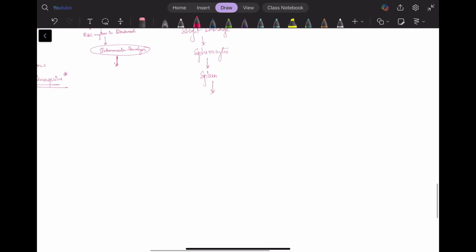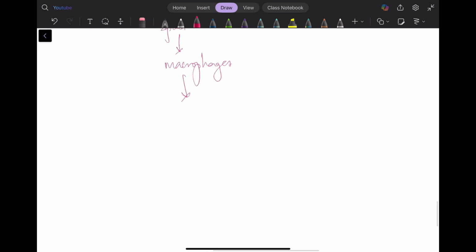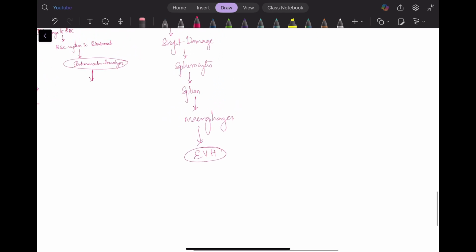Then we learned that in hereditary spherocytosis, what happens in extravascular hemolysis. The spleen comes into the picture where macrophages eat them. Remember I taught you in the spherocytosis chapter. Then your extravascular hemolysis happens.